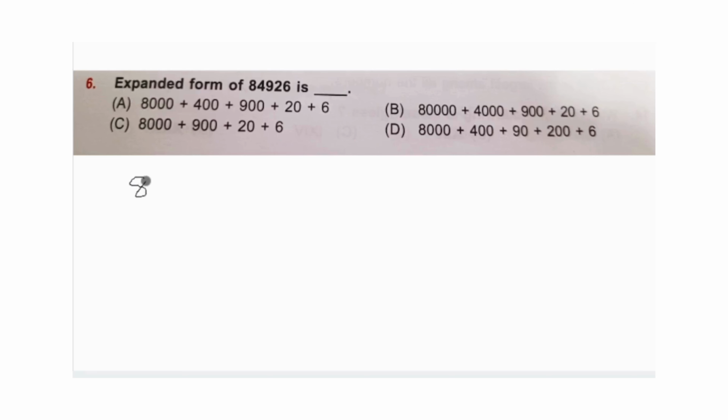Let's first find the place value of 8. 8 is in the 10,000s position. Here, it's ones, tens, 100, 1000, 10,000. So let's multiply 8 with 10,000, which gives us 80,000.